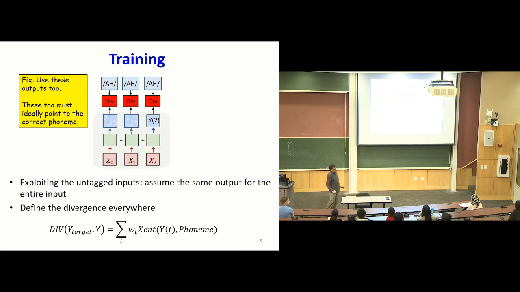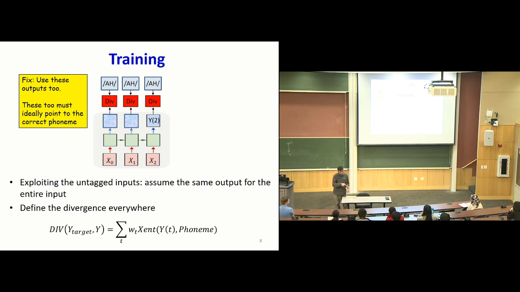So although in principle we want the output ah only to be emitted when the entire input has been processed, for the purpose of training, we're going to assume that the sound was always ah, which is true in this particular case. If I'm just going ah, it doesn't matter where you stop, the sound is ah. So I'm going to assign the same symbol to every one of these outputs.